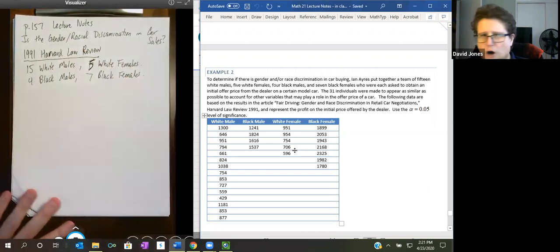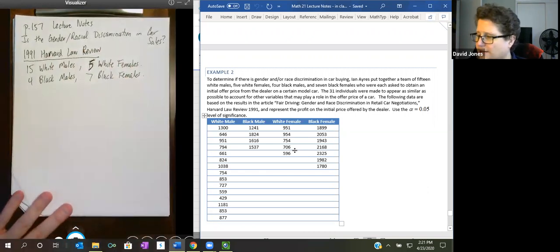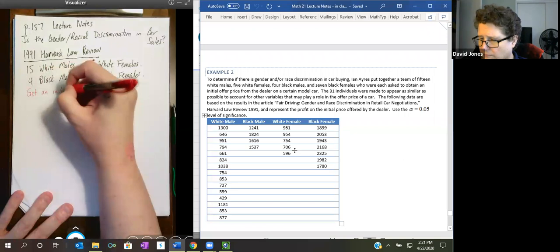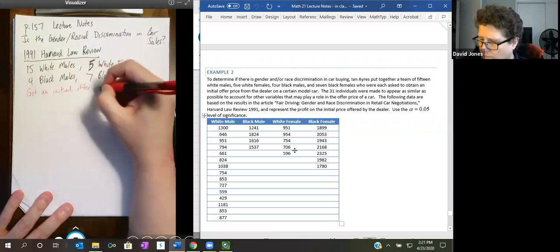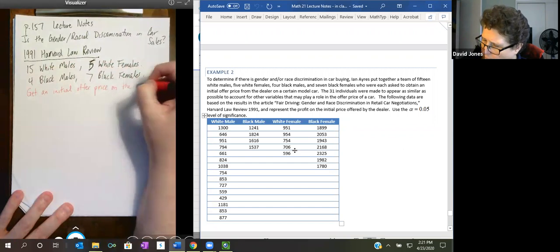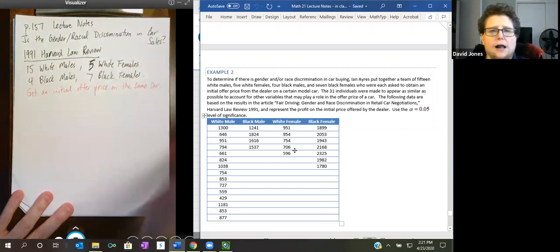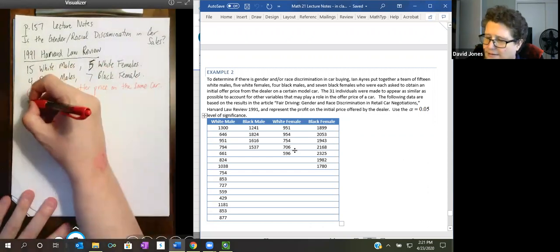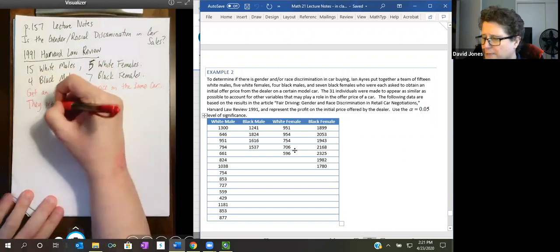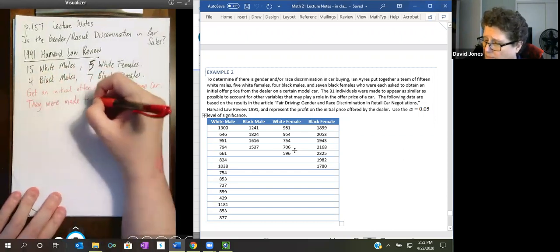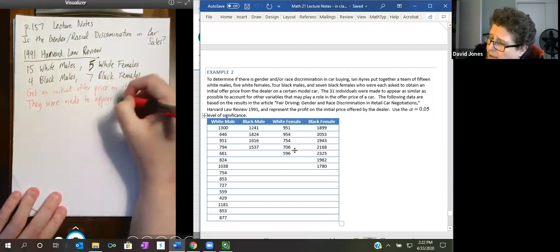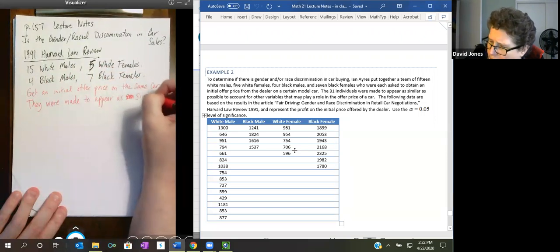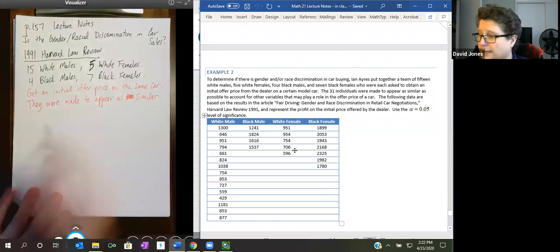And they all were asked to get an initial offer price on the same car. The 31 individuals were made to appear as similar as possible. So maybe they all wear business suits or something like that.